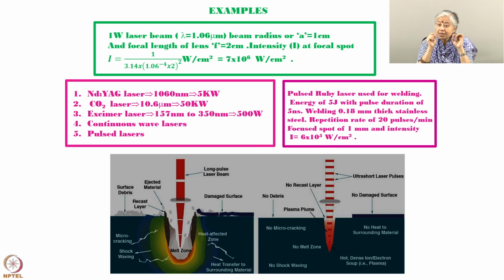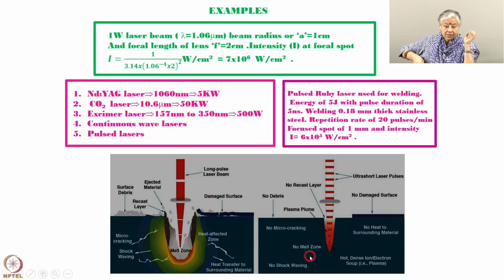So you don't want a very short pulse, because short pulses always evaporate that material, and you don't want the material to be lost, but with a short pulse the material is lost. So having a longer pulse may be an advantage. So these are the parameters of the lasers which you have to take care of.